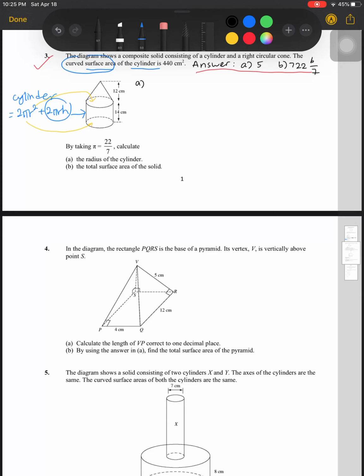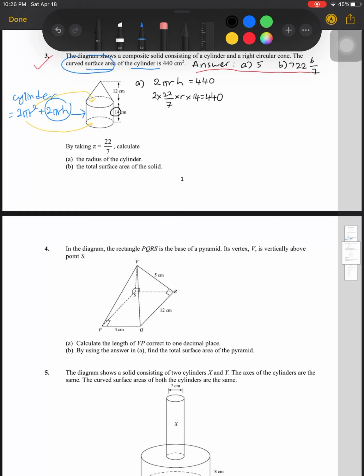So let me solve question A, the radius of the cylinder. By taking 2 pi r h, because that is the curved surface area formula, equals 440. We have to use pi as 22/7. We don't have our r yet, but later we should get r. The height of the cylinder is 14 cm. You solve the left hand side first, and then transfer everything to the other side.